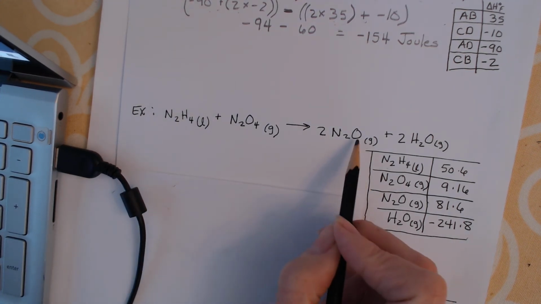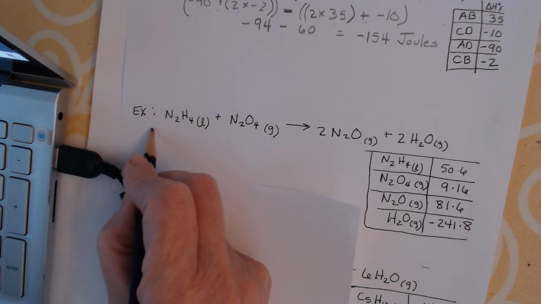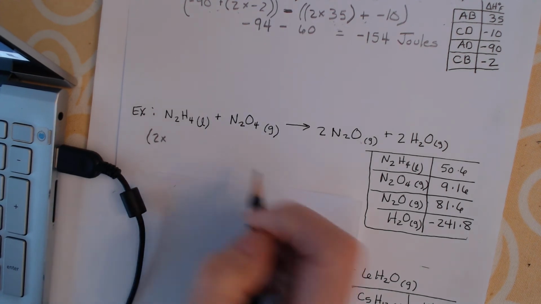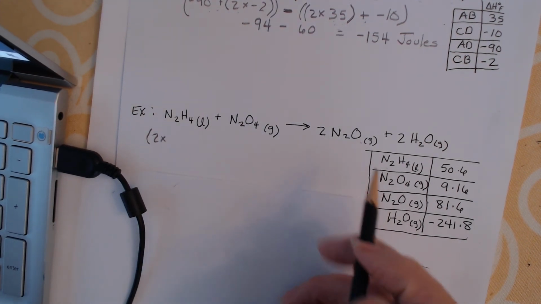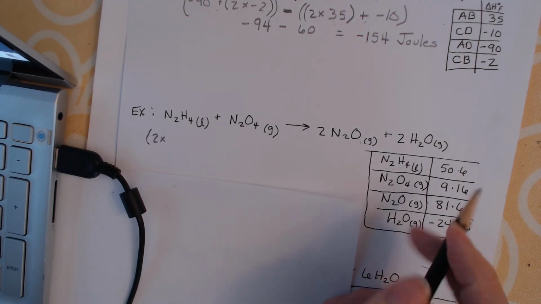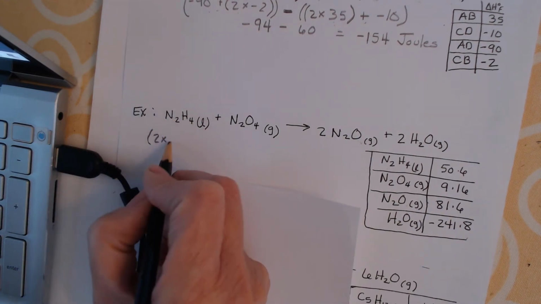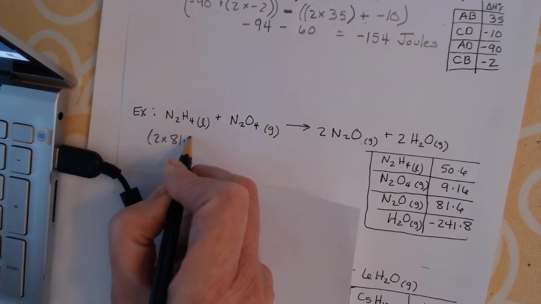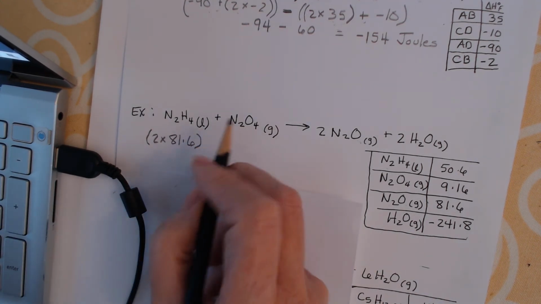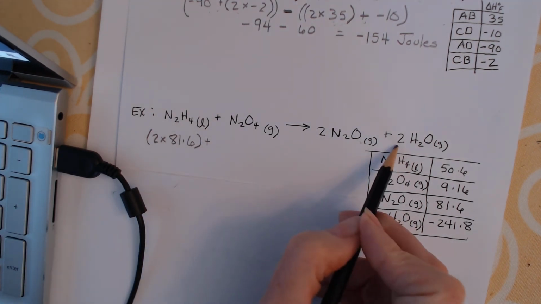So let's set this up. So remember, first I start off with my products, don't I? So I say 2 times N2O as a gas, dinitrogen monoxide, 81.6, 2 times 81.6, and that was positive 81.6, I see, plus 2H2O.